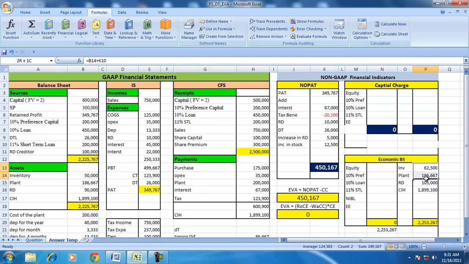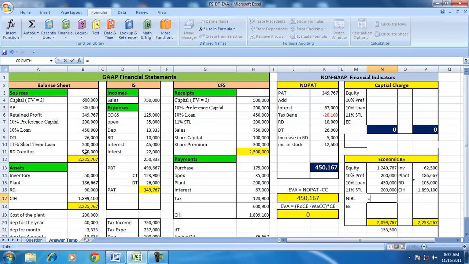The adjusted asset comes to 225,267. The corresponding equity is capital plus share premium plus retained profit, 10% preference share, 10% loan, 11% short-term loans, non-interest bearing current liabilities, that is creditor.